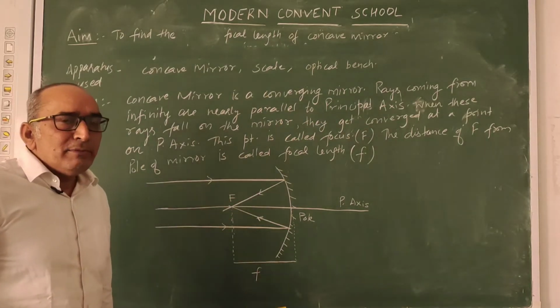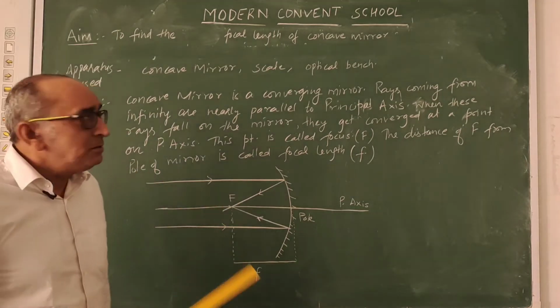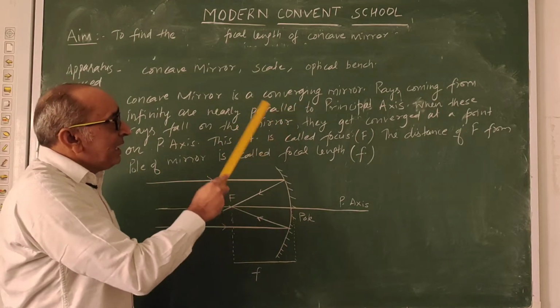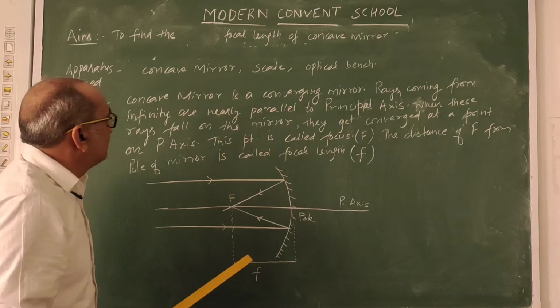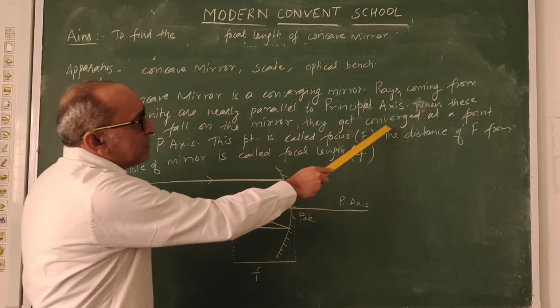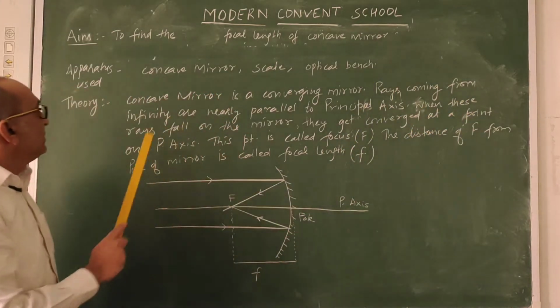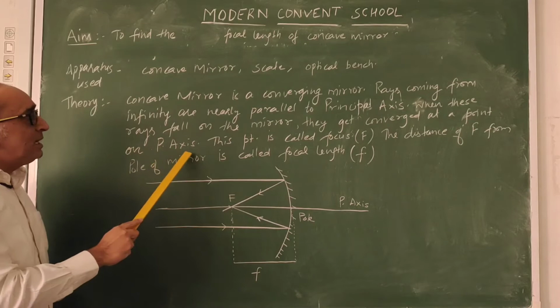The rays coming from a very far object are nearly parallel to the principal axis, and when these parallel rays fall on the mirror, they get converged at a point, and this point is on the principal axis.